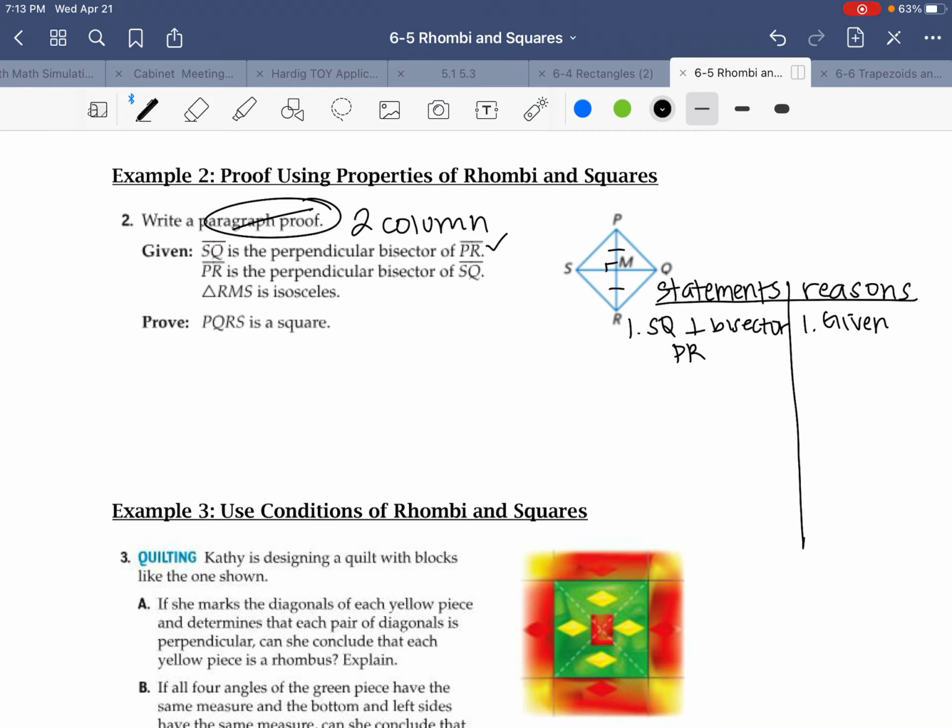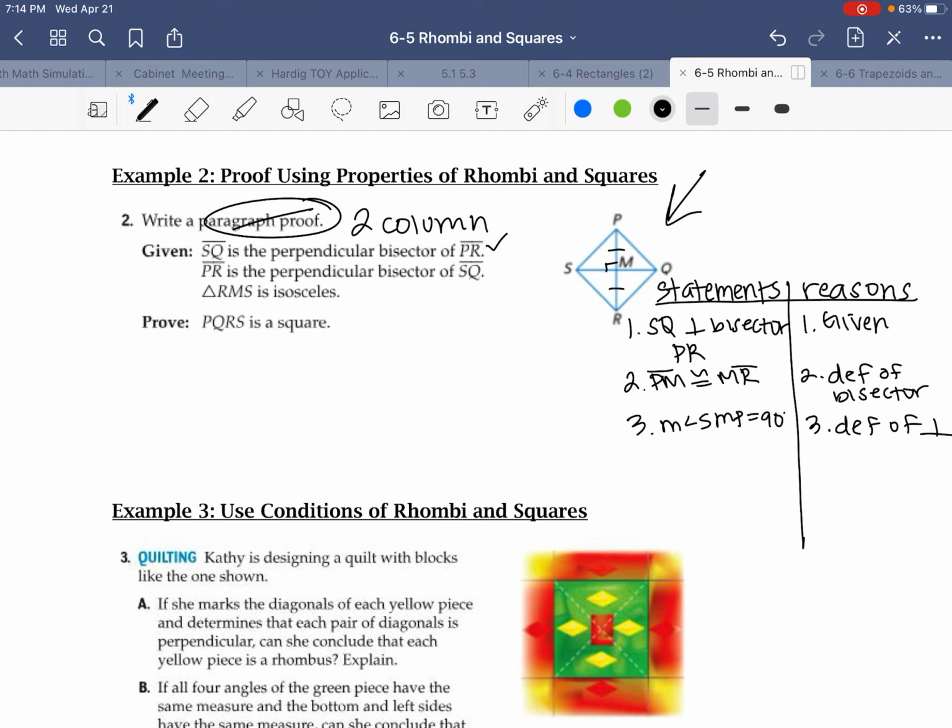And actually, I'm making a silly mistake because we cannot skip steps. Because it was a perpendicular bisector, I know that PM is congruent to MR, and that is definition of bisector. And the third thing that I knew was that the measure of angle SMP was 90, because that's the definition of perpendicular.